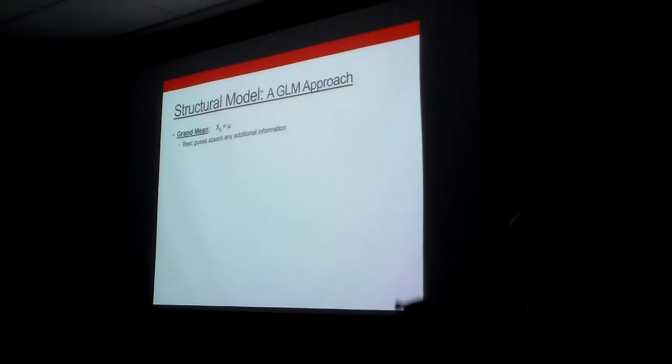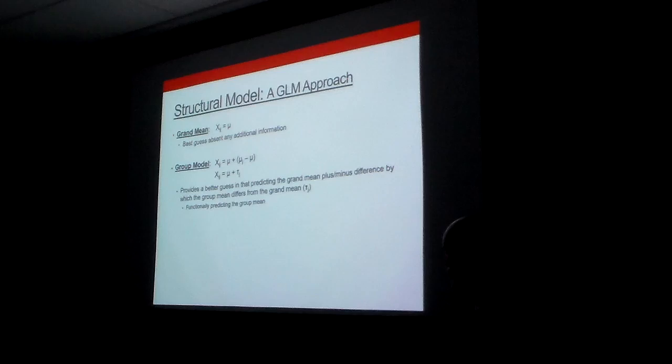And so if we're thinking about your grand mean, this is your best guess, right? What's the average score of a person in A in condition C? Grand mean is going to be my best guess, right? But if I start to get a group model in here, I start to add in some different information, right? So if X sub i sub j is my expected score for any random person selected in my sample, by adding in a group factor, I say, okay, I'm going to guess the grand mean plus some adjustment for the group mean, right?